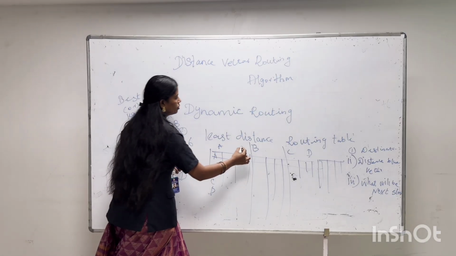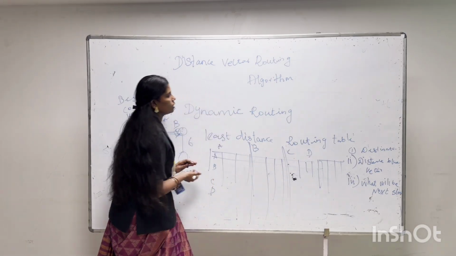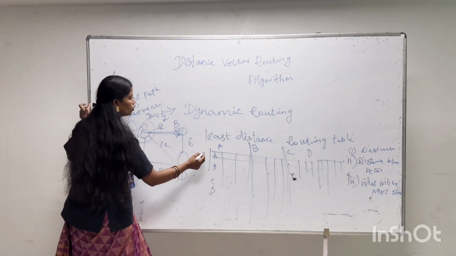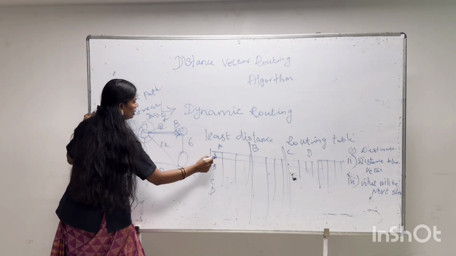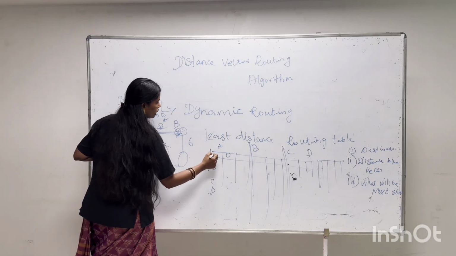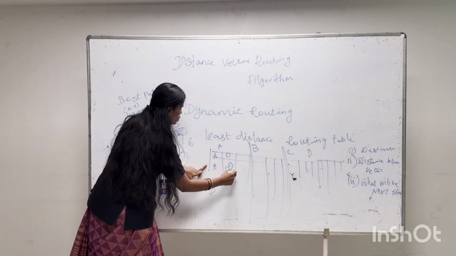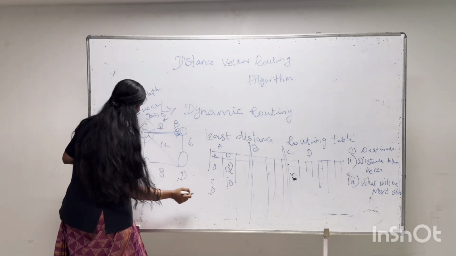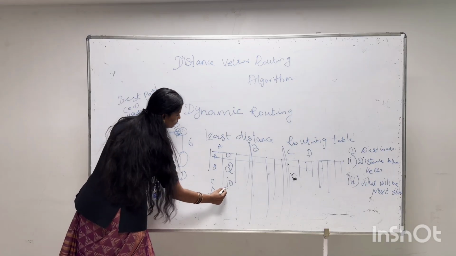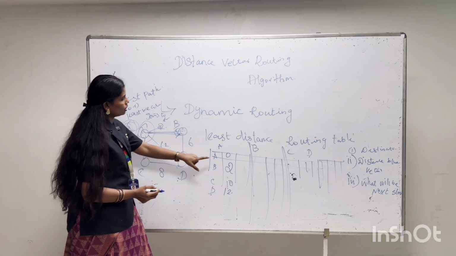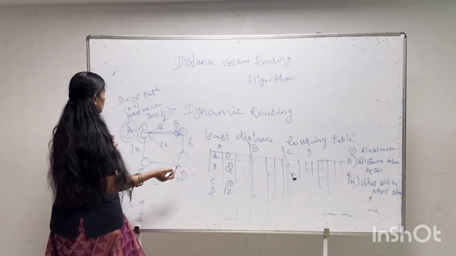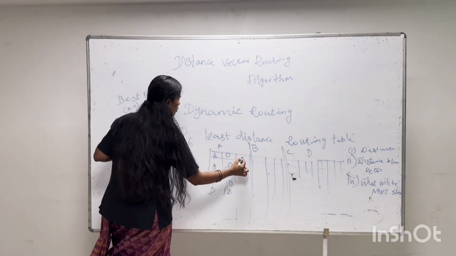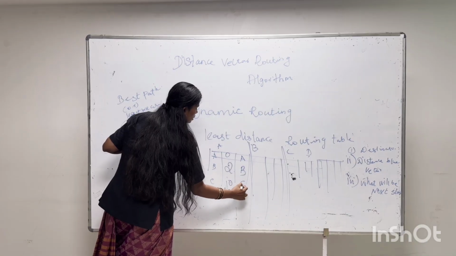For the routing table, for the 4 vectors, I have separately taken the 4 paths for A, B, C, D. From A to A, the value is 0. Next, A to B, the value is 2, A to C the value is 10, and A to D the value is 12. And in the third step we are going to check what is the next hop. So here for A to A, 0, the next hop will be written as A, B, C, D.